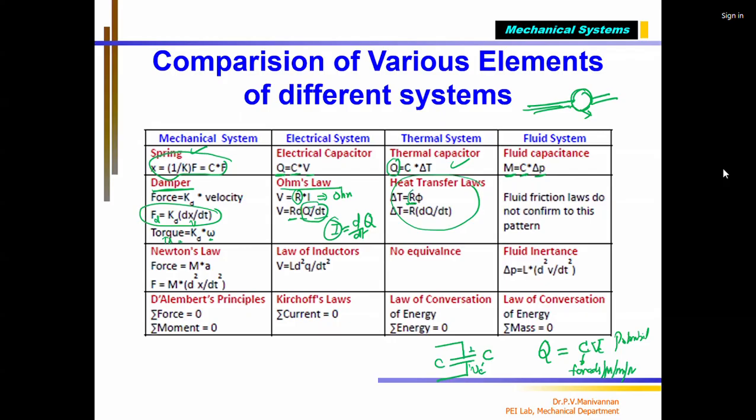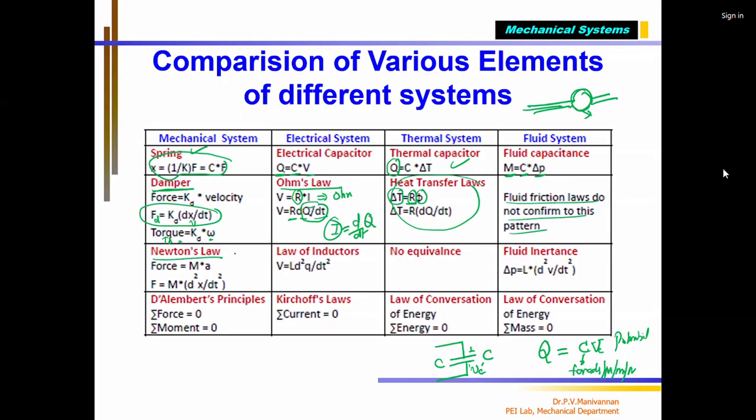Phi is nothing but the heat flux, which depends on the temperature difference. In a fluid system, fluid friction laws don't conform to this damping. We have talked about it already.